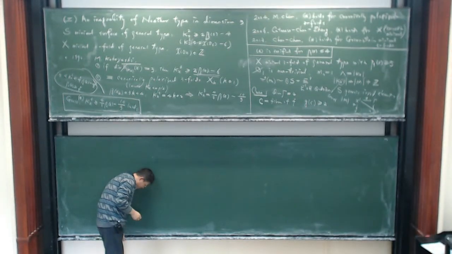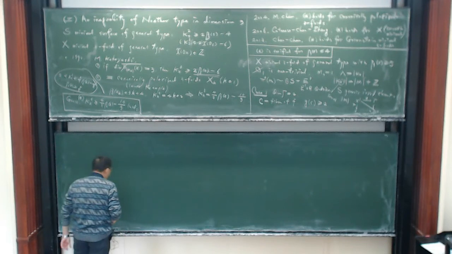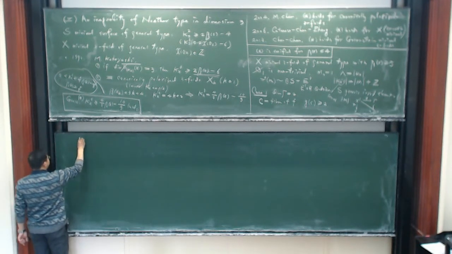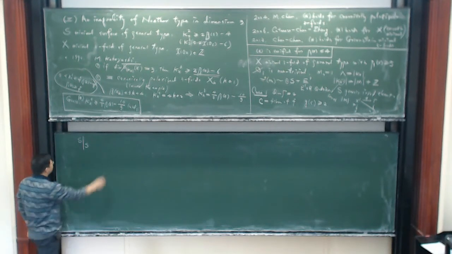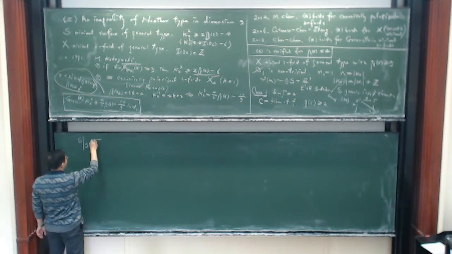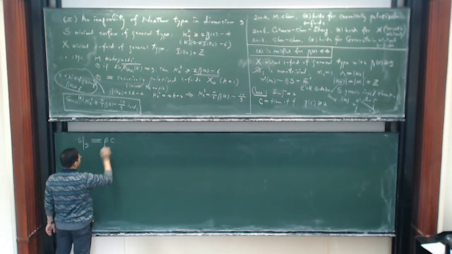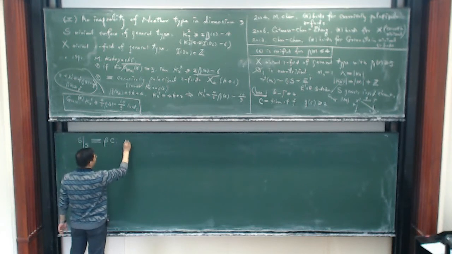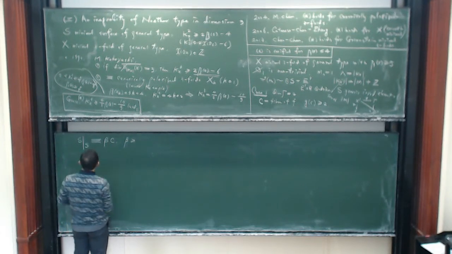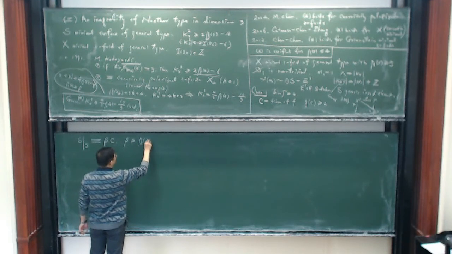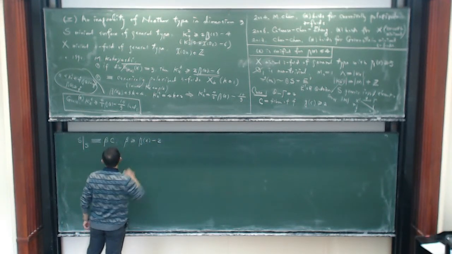In this case, we know that S restricted to S is equivalent to a number beta C, where beta is at least PG of X minus 2.